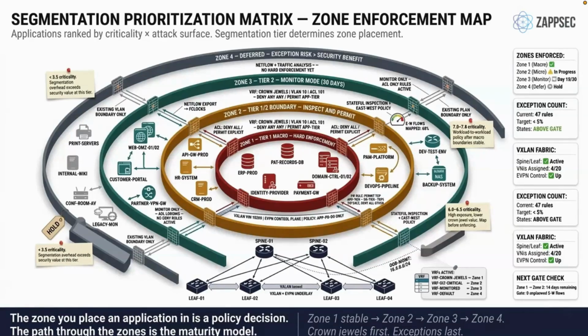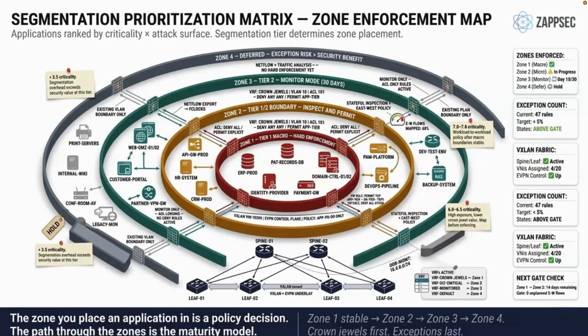And the foundation under everything is a leaf and spine fabric, like leaf 1, leaf 2, and spine 1, spine 2 through 4, and a VXLAN plus EVPN underlay, and your VRFs are active in that zone particularly.